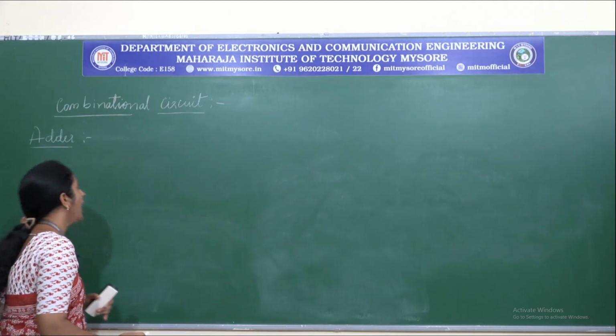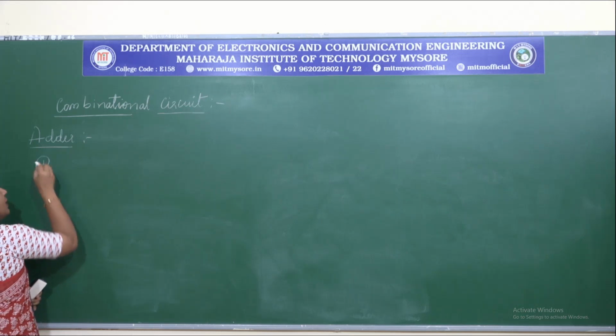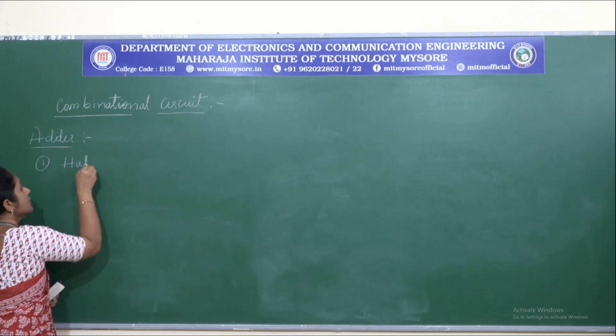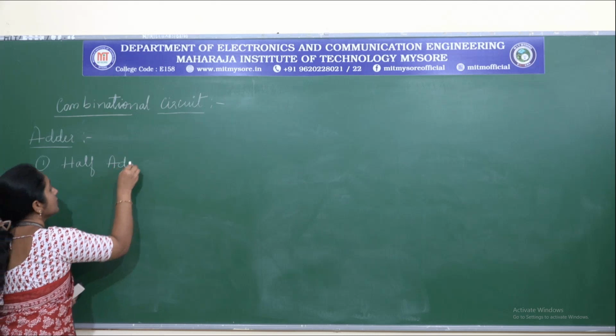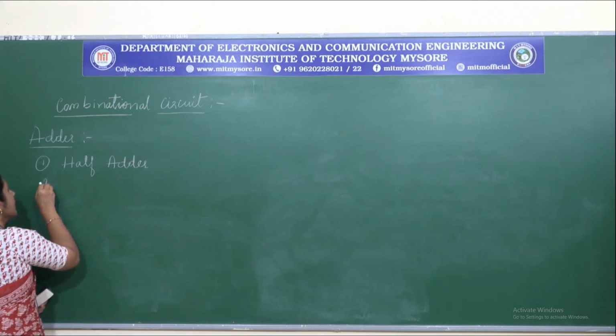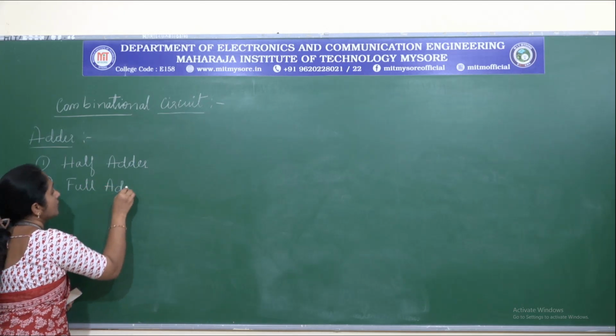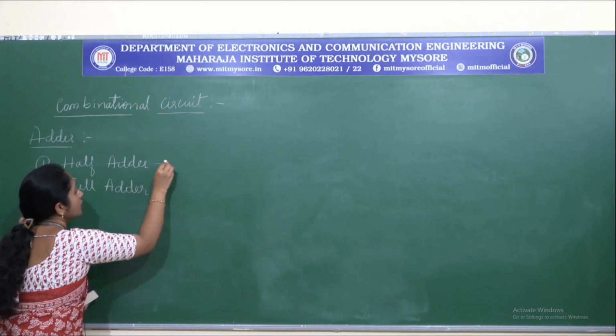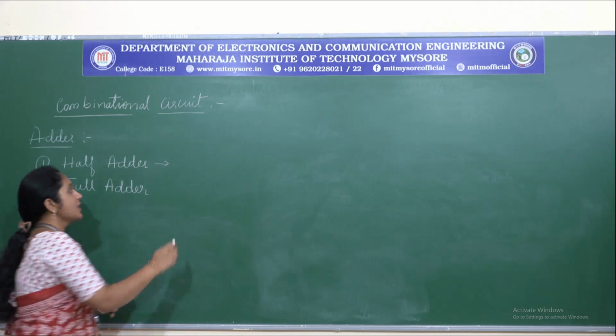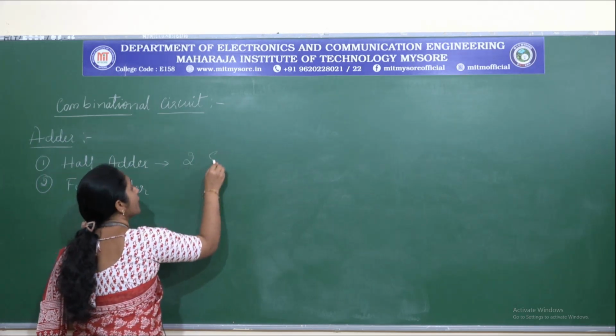If you consider any adder, we have two types: the half adder and the second one, the full adder. The half adder is a combinational circuit which is able to add 2 significant bits.